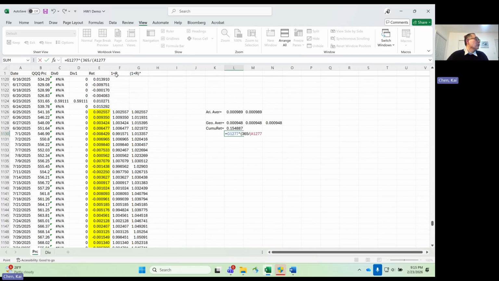So minus A1125. Then we can get the number of days of the holding period. Then I close the parentheses, and minus one.